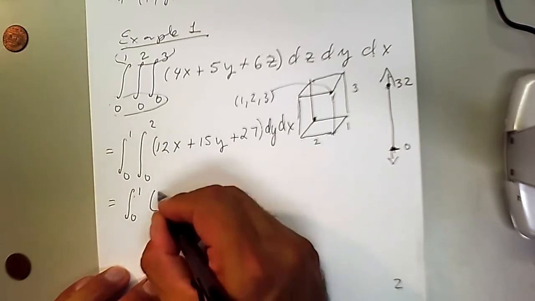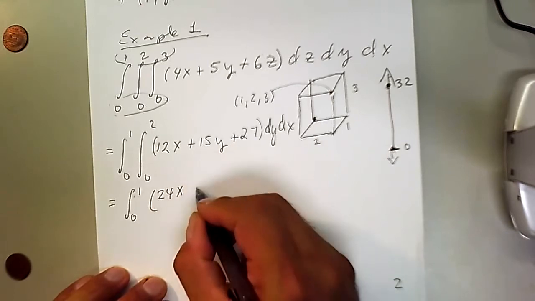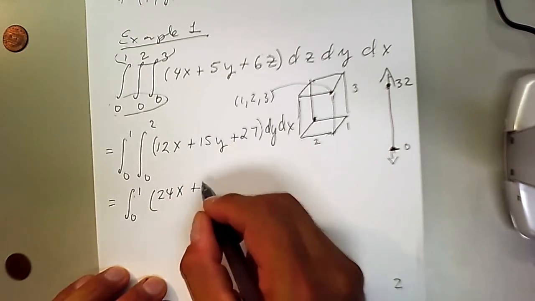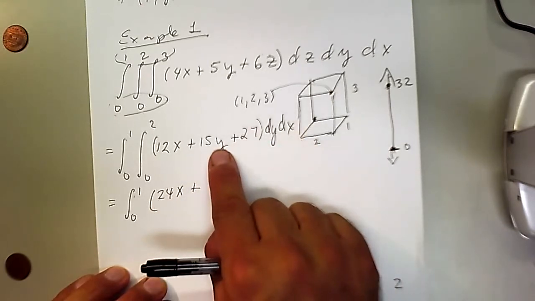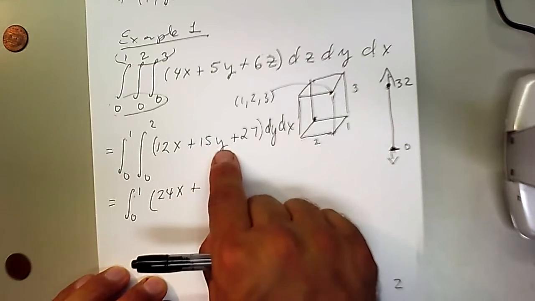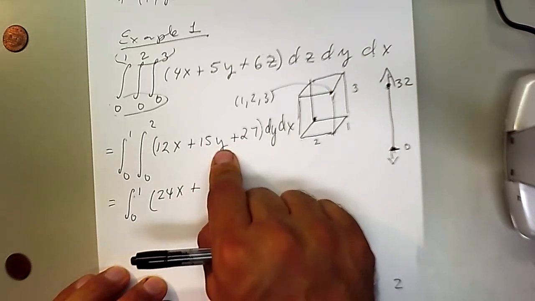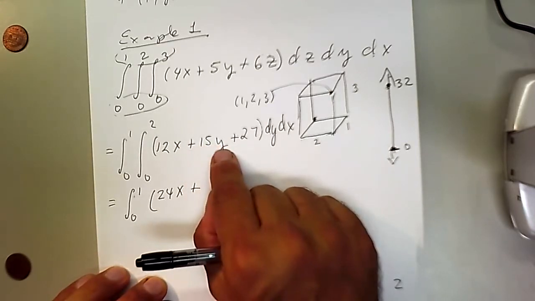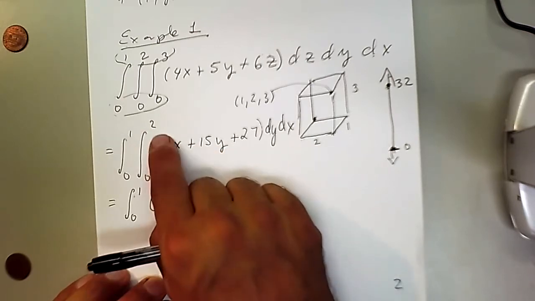So that's going to be 24x plus 15y. Oh, but we're integrating with respect to y, so this is going to be 15y squared over 2, from 0 to 2.